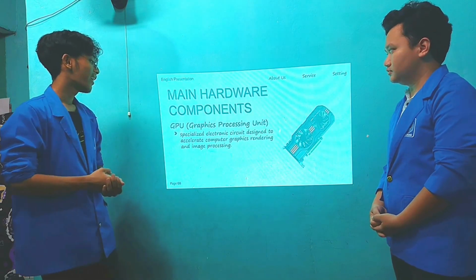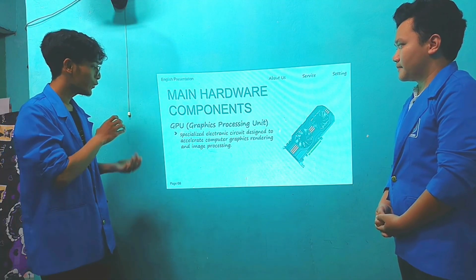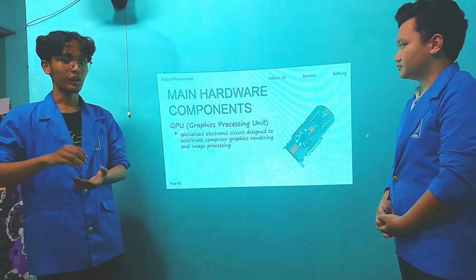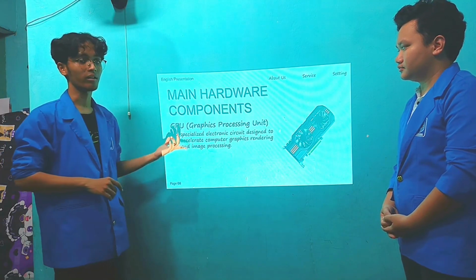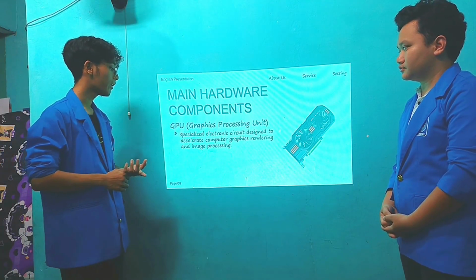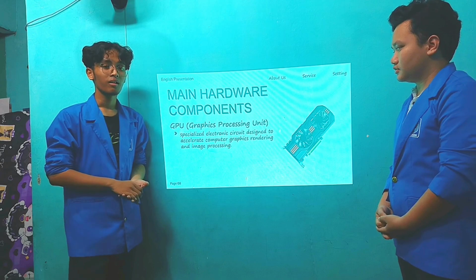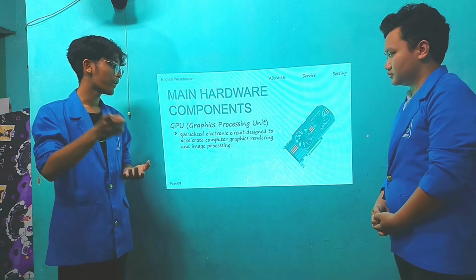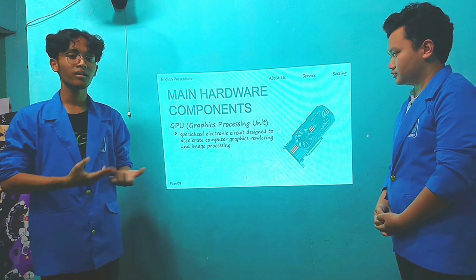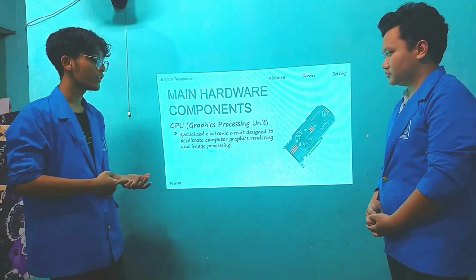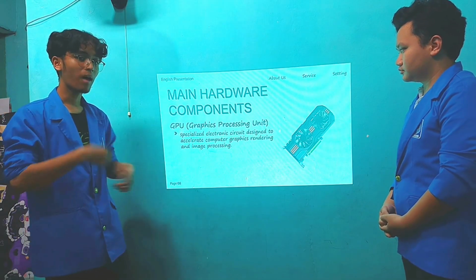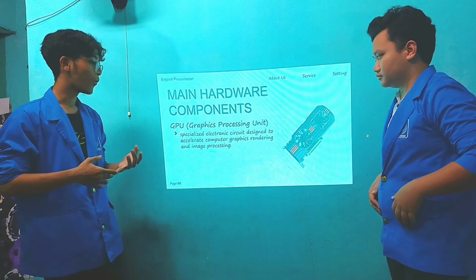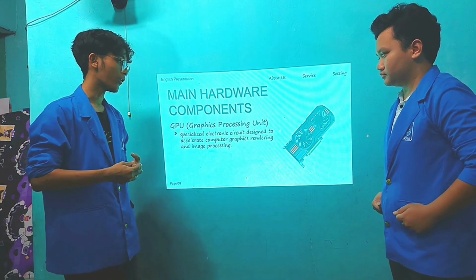Next, the GPU or Graphics Processing Unit, a specialized electronic circuit designed to accelerate computer graphics rendering and image processing. So if you work as a designer or in photo editing or video editing, you can use a GPU or upgrade to a more powerful GPU for your work.